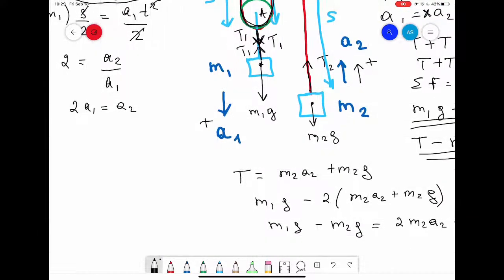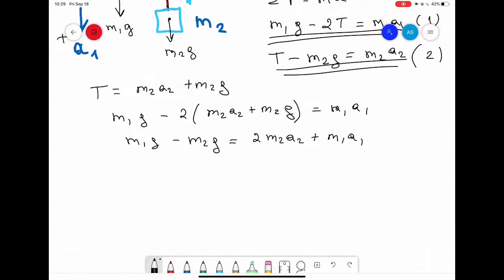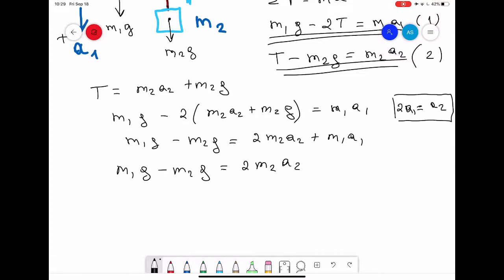So that means if 2A1 is equal to A2, then we'll come back here. Let's write down that one. 2A1 is equal to A2. Okay, so that means we can say that here M1G minus M2G is equal to M2, let's keep A2 here, right?